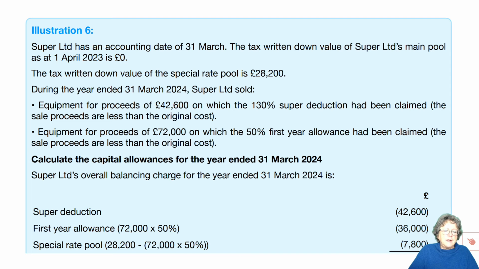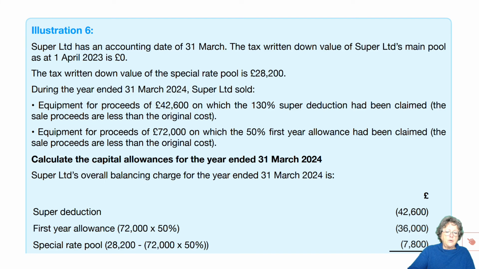The tax written down value on the special rate pool was 28,200. During the year to March 2024, they sold equipment for proceeds of 42,600 on which the super deduction had been claimed, and equipment for proceeds of 72,000 on which the 50% allowance had been claimed.